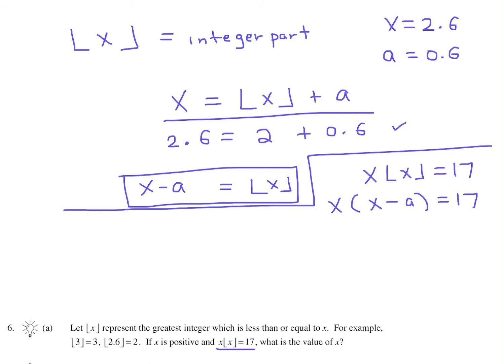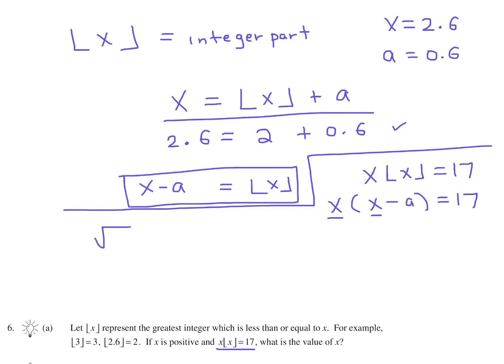You've got some number x, and then you subtract from it the decimal part and multiply them together, and you'll get 17. Well, this is really an inspection type of question. There's no magic quadratic formula or something like that. You might be tempted to do that, but this is just inspection. Think about this.